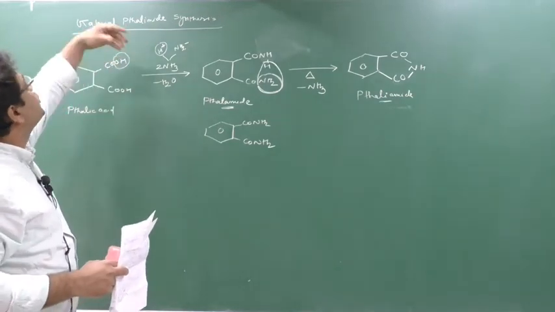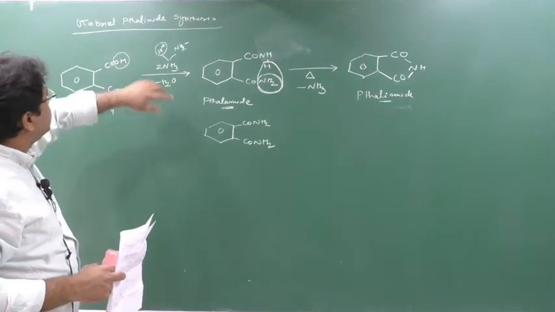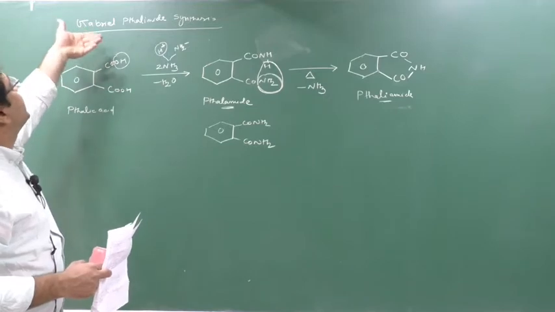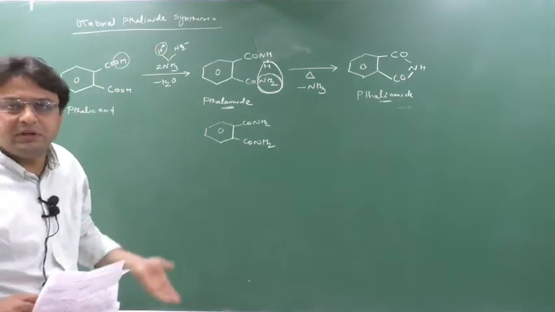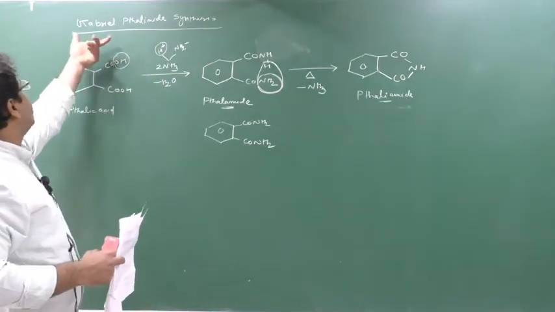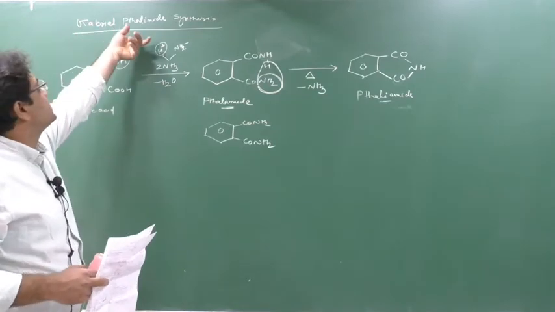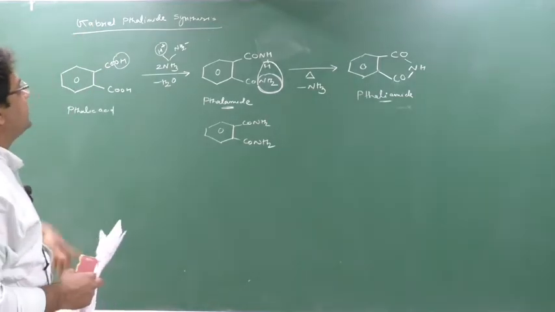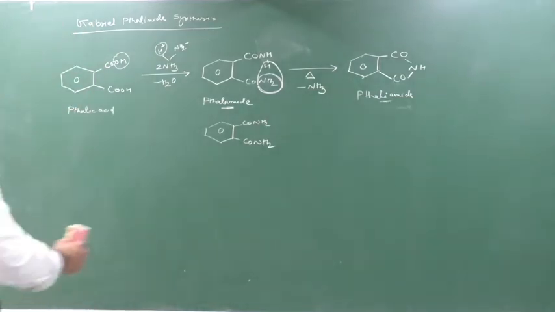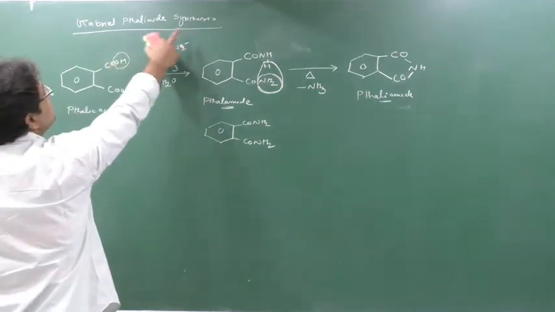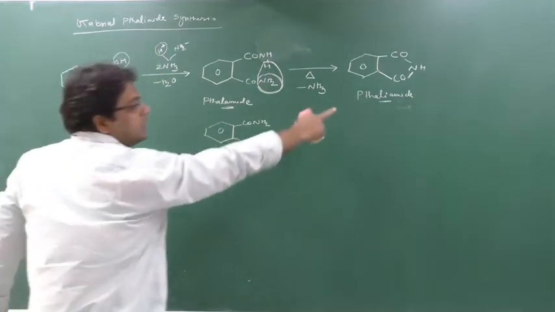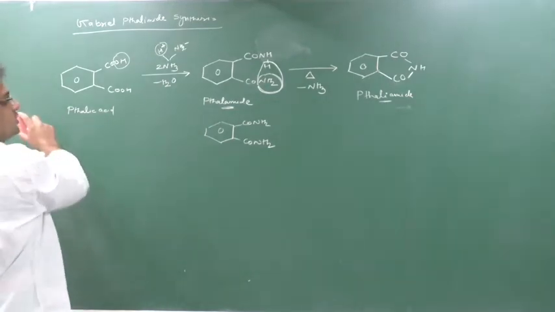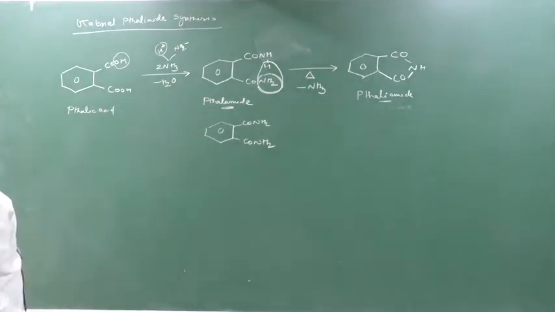Phthalimide synthesis means we prepare the amine by using phthalimide. Gabriel first prepared it, that's why it is called Gabriel phthalimide synthesis. Gabriel used phthalimide as a reactant to synthesize amine. That's why it comes under the preparation of amines. So whenever the Gabriel phthalimide synthesis reaction comes, remember that phthalimide is used to prepare the amine. So this is the preparation of phthalimide from phthalic acid.